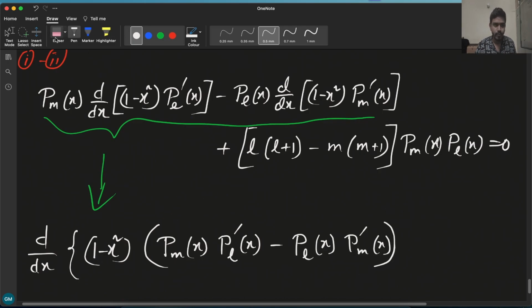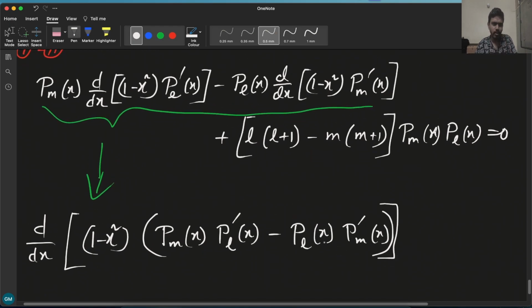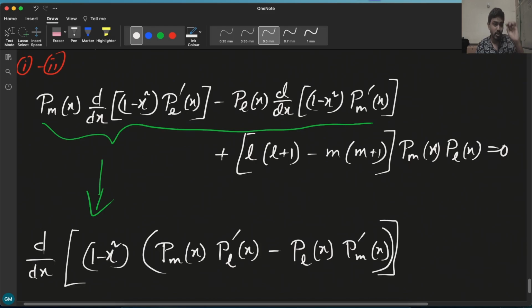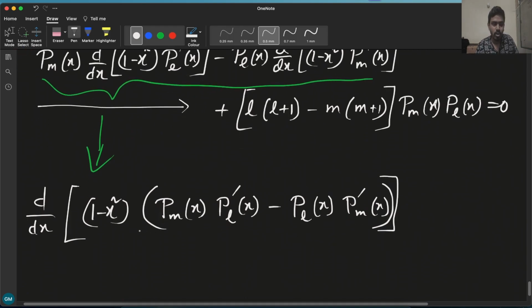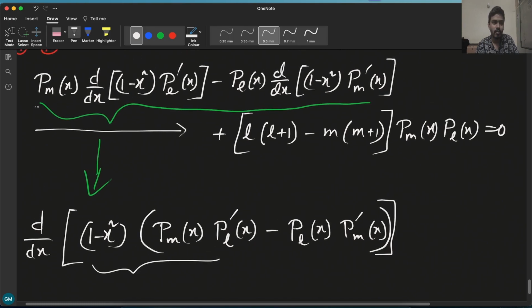Do it as a homework. You will see that if I put this outside, P_m(x) times this term will be just this term, and then there will be another term where P_m dash(x) and P_l dash(x) both will be present, and those terms will get cancelled when we do d/dx of this term.